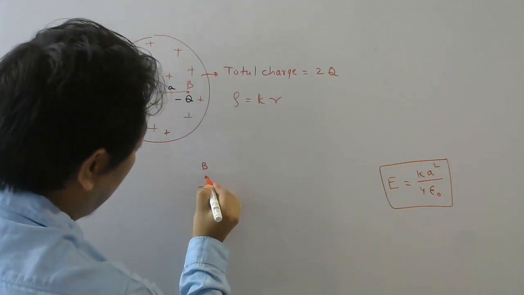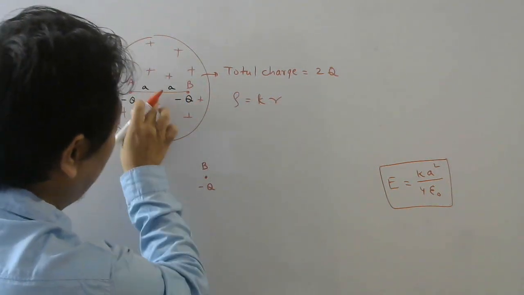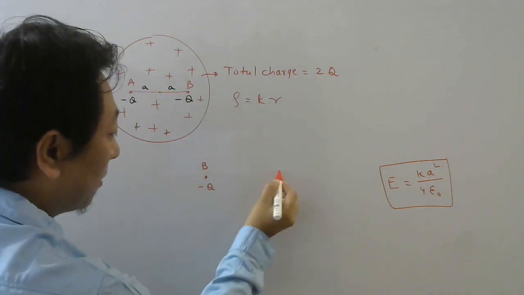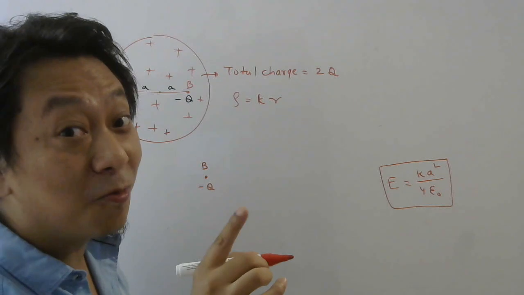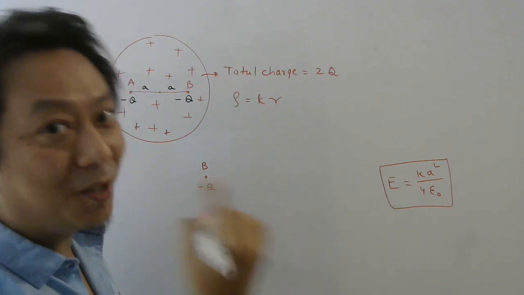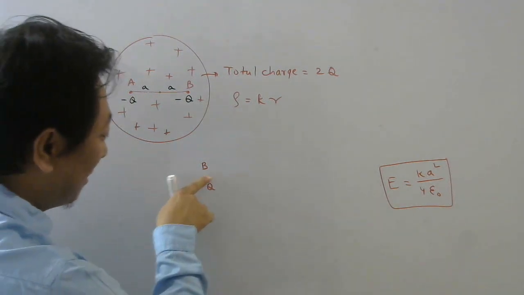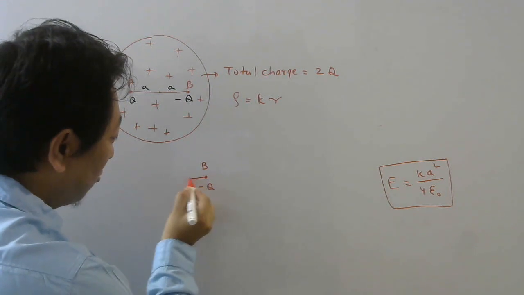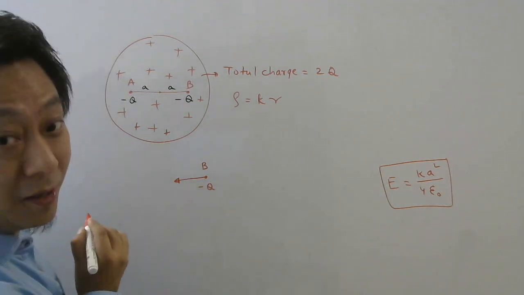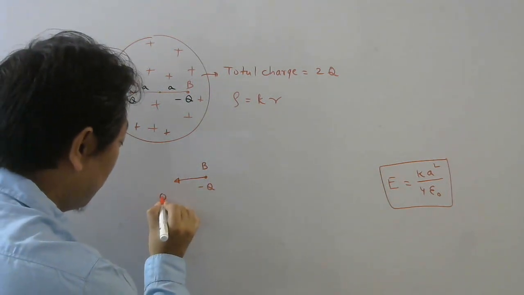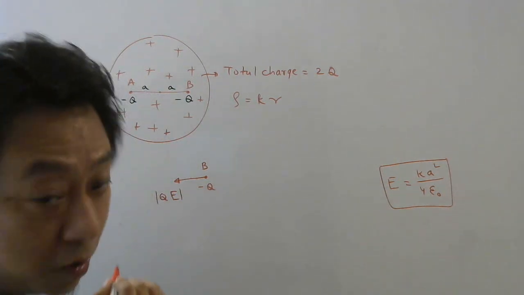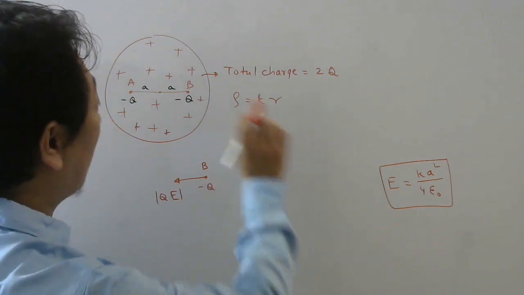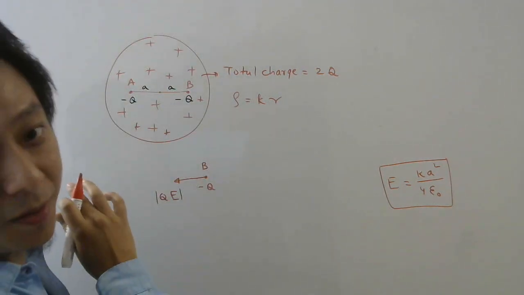But this is minus q, and we know a negative charge feels force in the direction opposite to the electric field. So since the electric field is here, the force on minus q will be here. In magnitude, how much will it be? Q into E. So this is the magnitude of the force on minus q by the spherical charge.